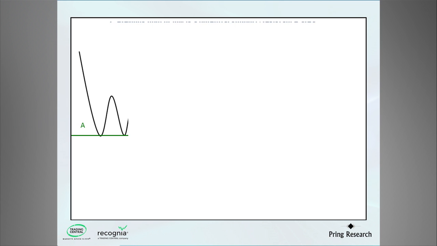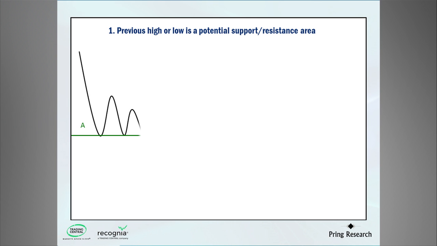This establishes our first principle of support-resistance analysis, that a previous high or low is a potential resistance or support level. The third time the price slips to A, it goes through, or as we say, violates support.